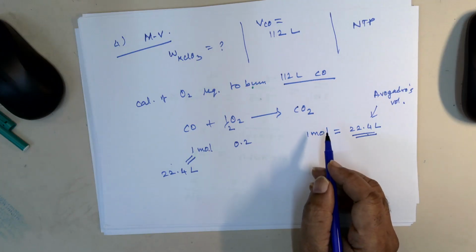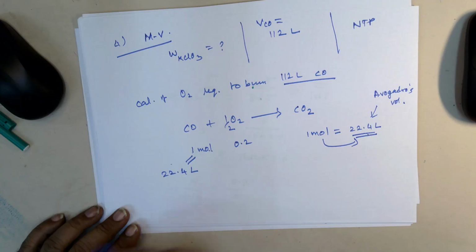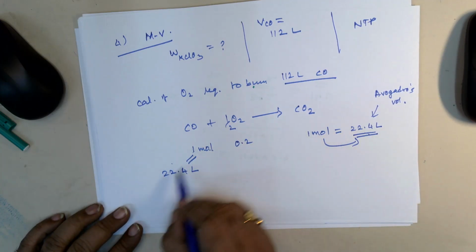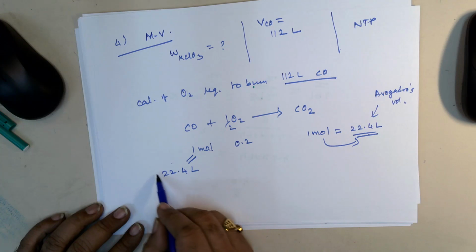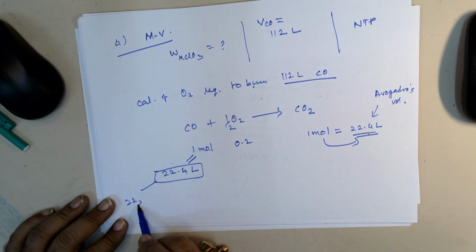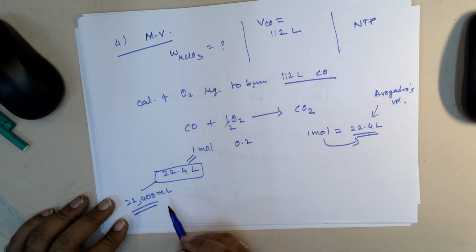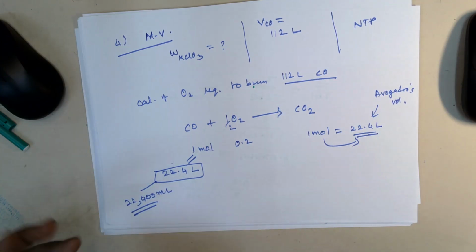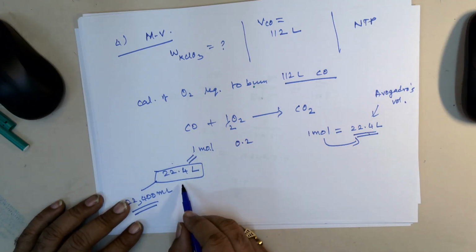And this is also 1 mole, that is 22.4 liters. So both are the same. When I say 1 mole of gas means 22.4 liters, this can be given as ml also, 22,400 ml. Sometimes it is given as cubic meter also, so you should be able to convert the volume accordingly.